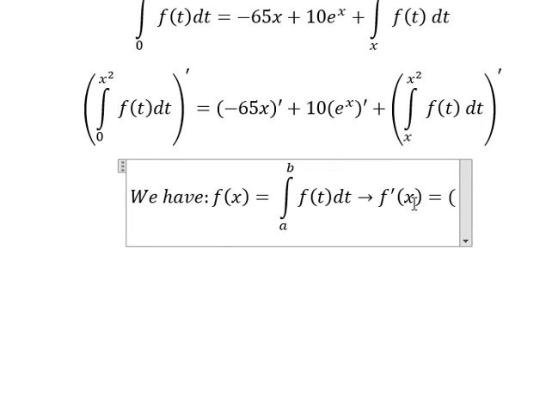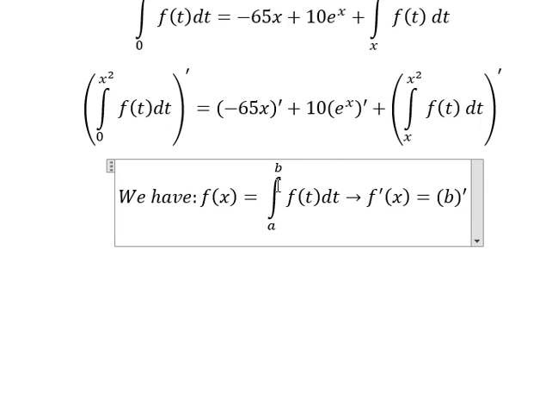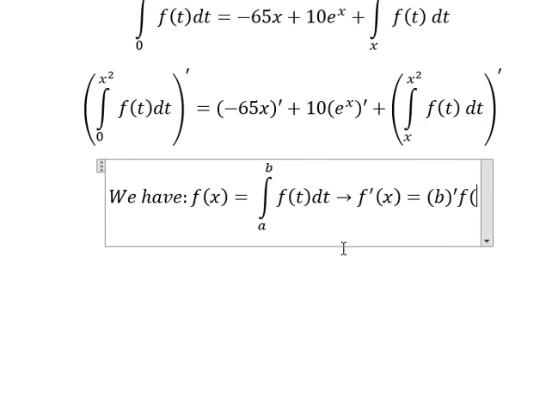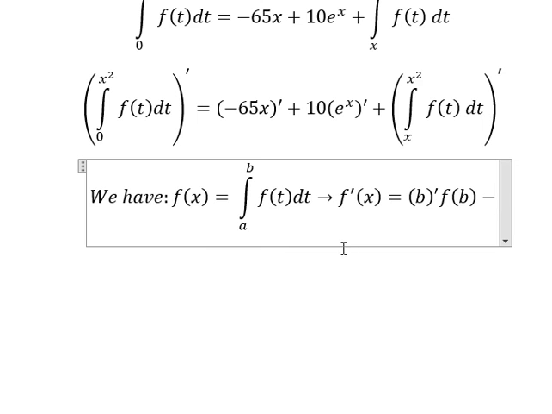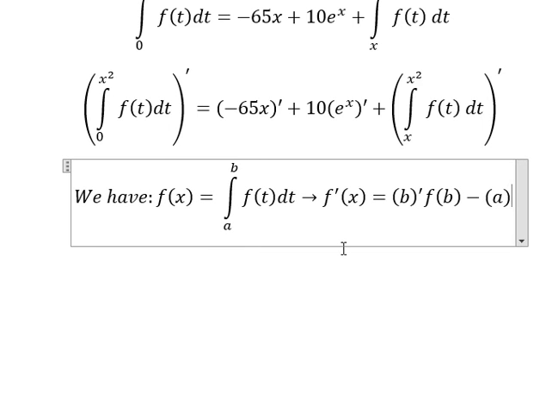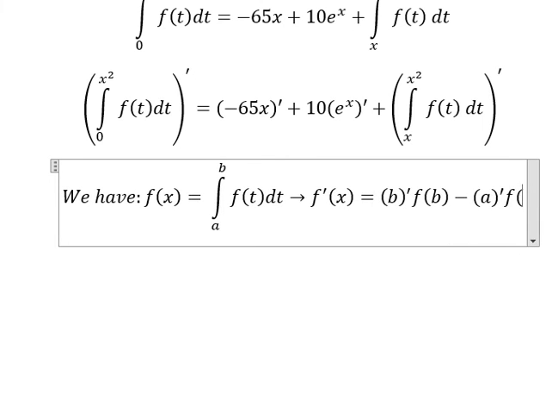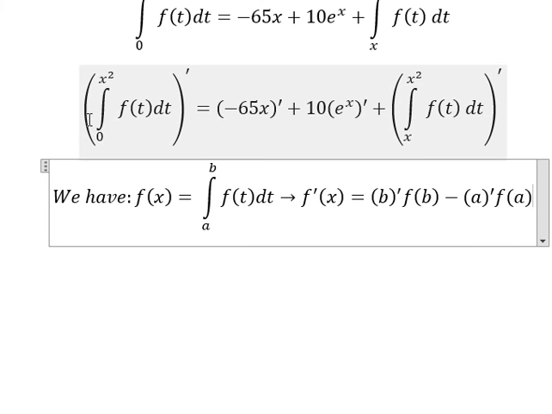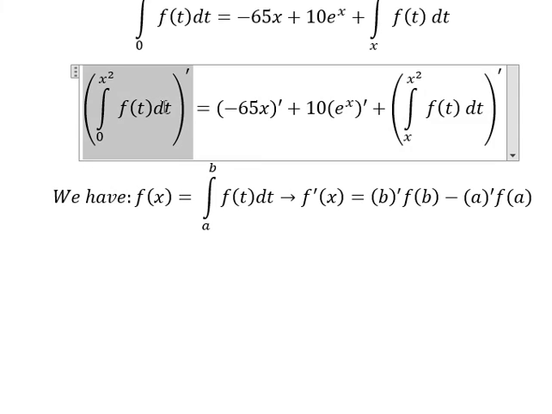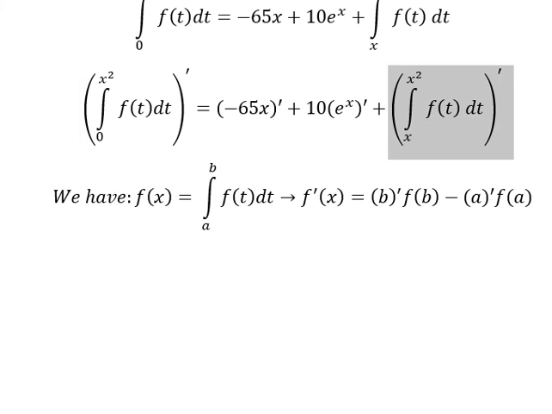the first derivative of b, and the value of b will change for t. So we have f of b minus, we need to do the first derivative of a, and the value of a will change for t. Now we can apply the formula for this one and this one.